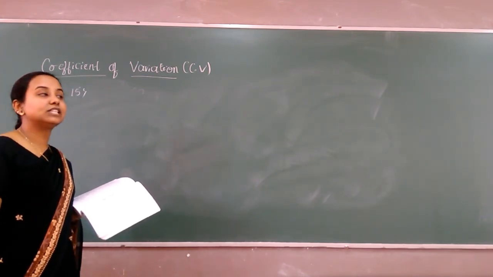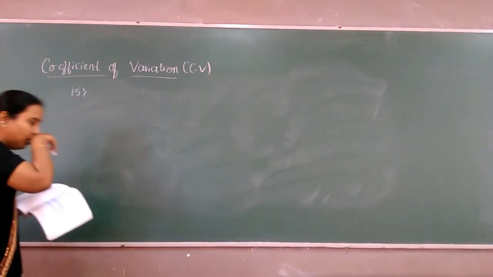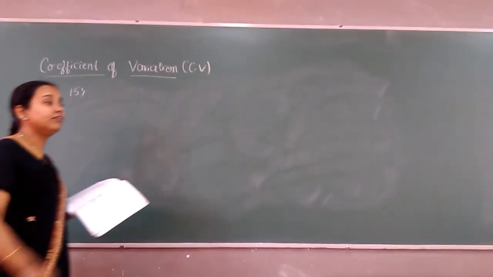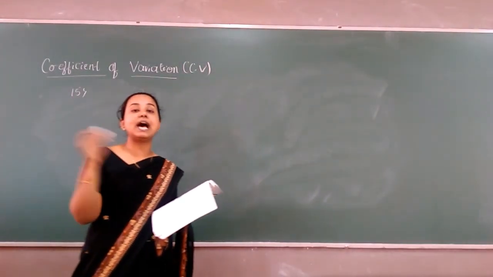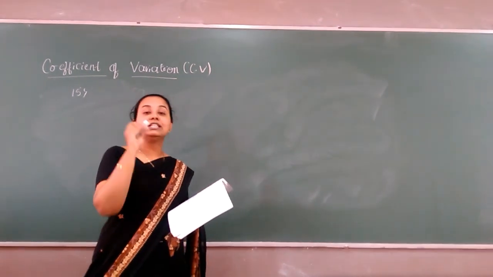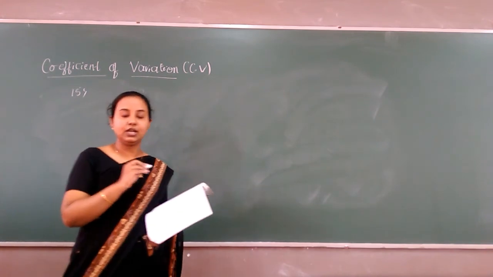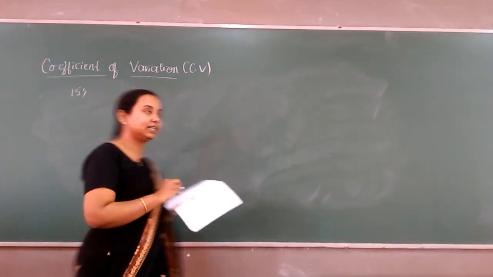When can we say that weight shows greater variability than height? Only if the CV of weight is more than the CV of height. To calculate the CV, let us see what data has been given.